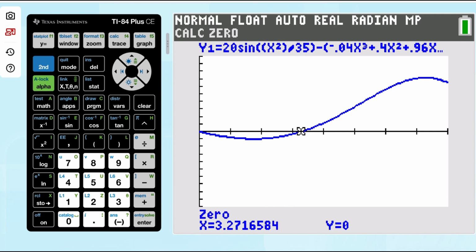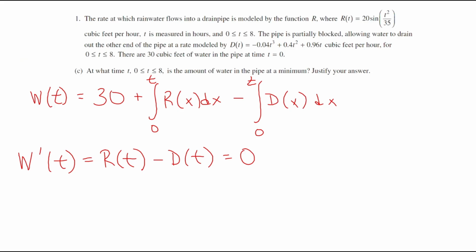And then it says guess, hit enter again, and it'll tell you 3.2716584 is when that equals 0. So we'll say this equals 0 when t is equal to 3.2716584.